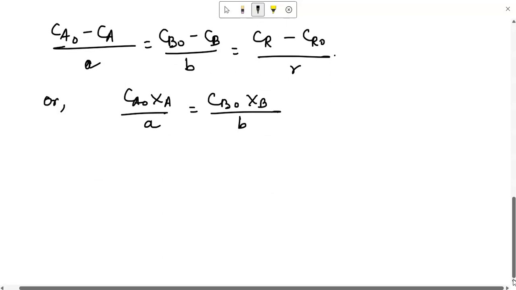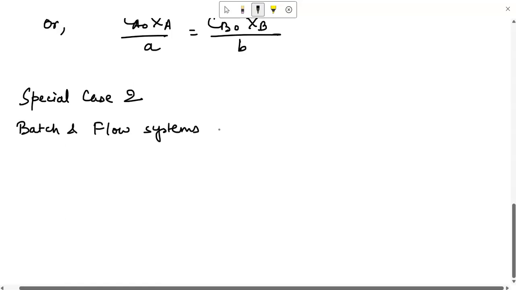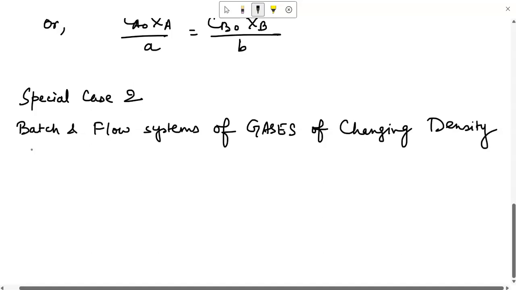Now let us consider another special case. So the next special case, case 2, is batch and flow systems of gases, I am writing it in capitals, GASES, of changing density but with constant temperature and total pressure.